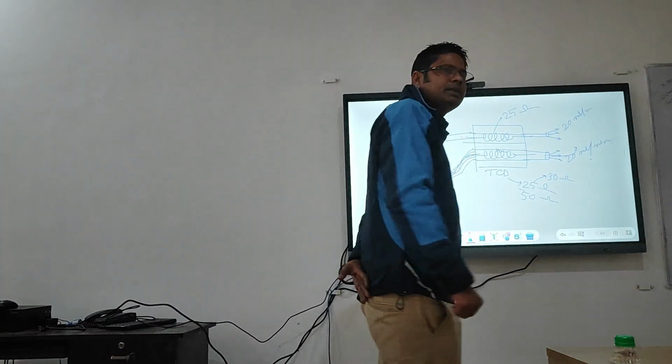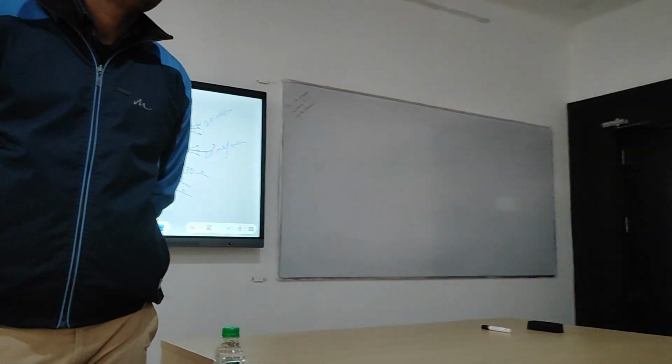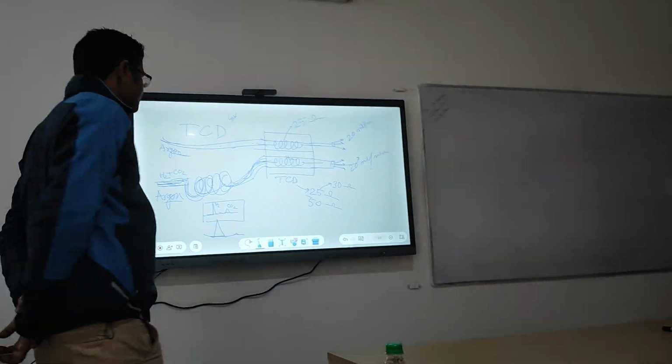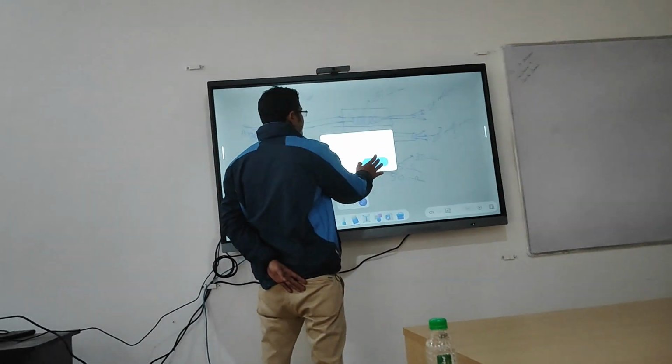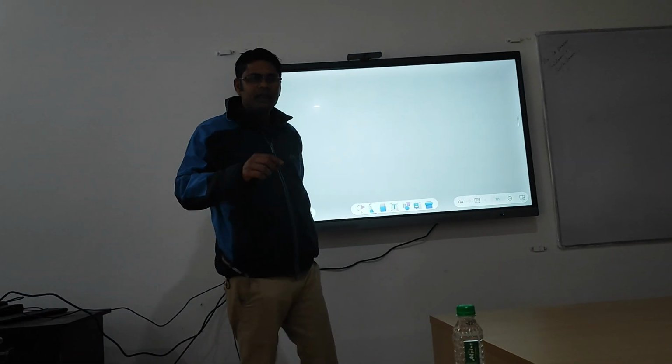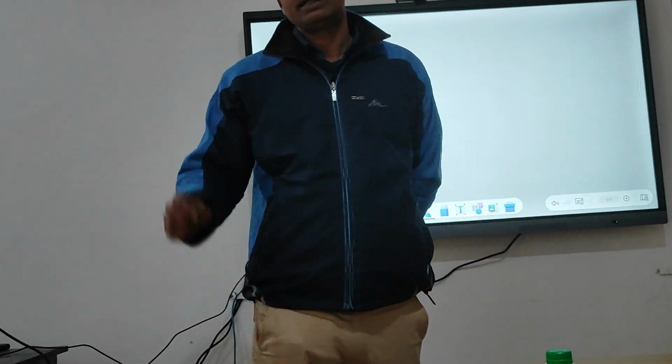Sir, yes, at the same time, both TCD and FID detectors are used. Yes, it can be used. I will show you how. Because TCD is non-destructive, the TCD outlet can be given to FID with a simple tube. There is no need for an additional column.